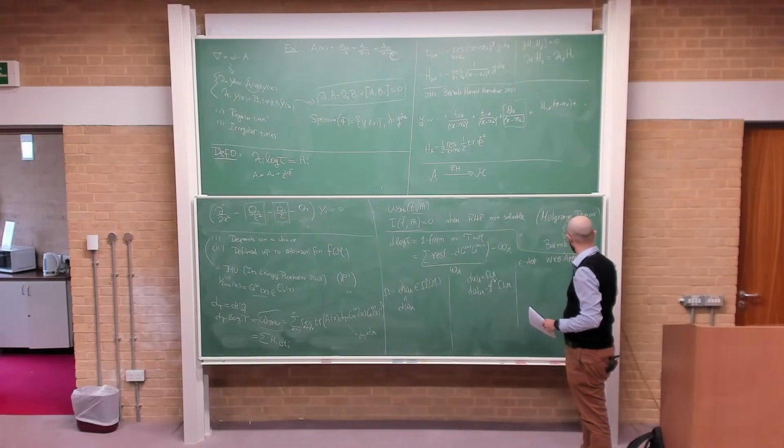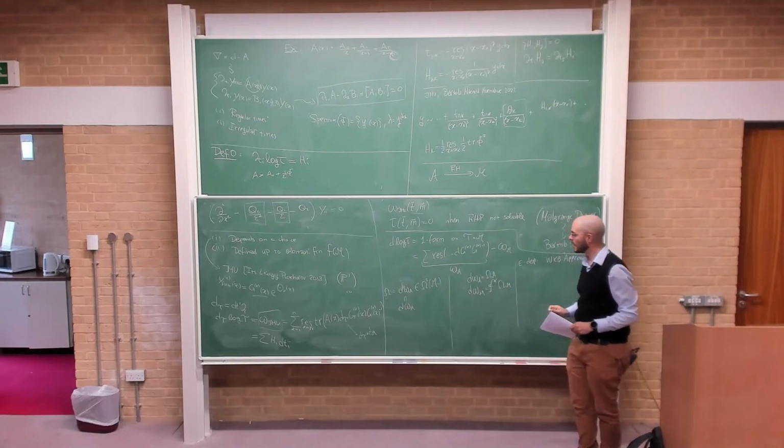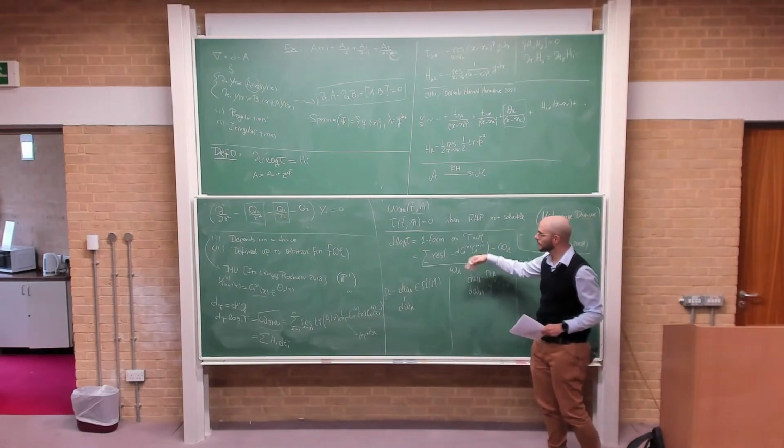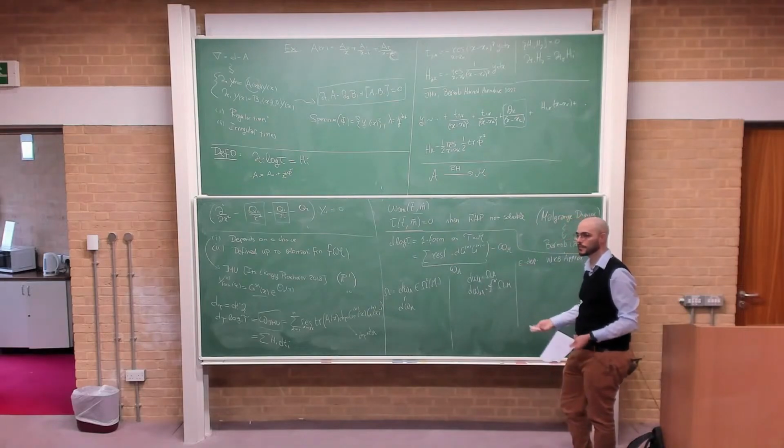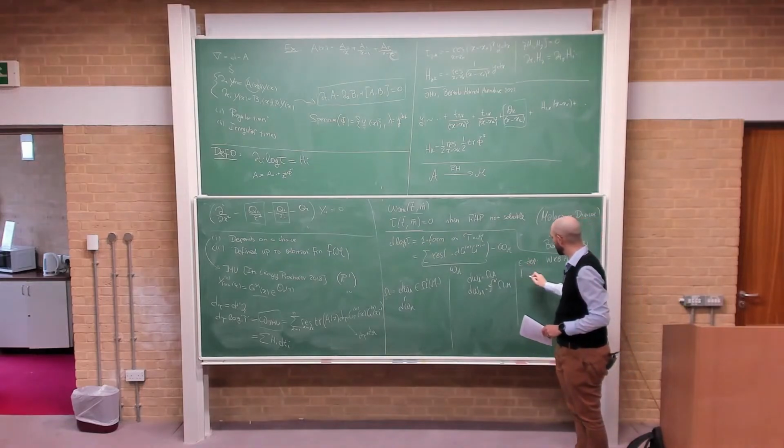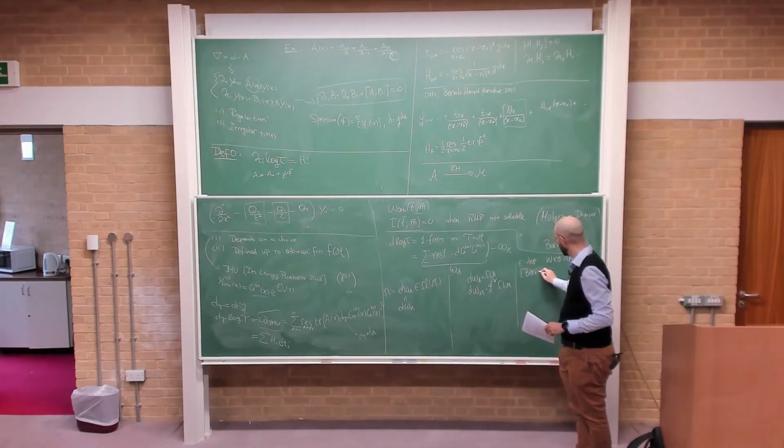You take this generating function, and then you study what these formulas look like order by order in h bar. This is what we did with Bertola and Korotkin.